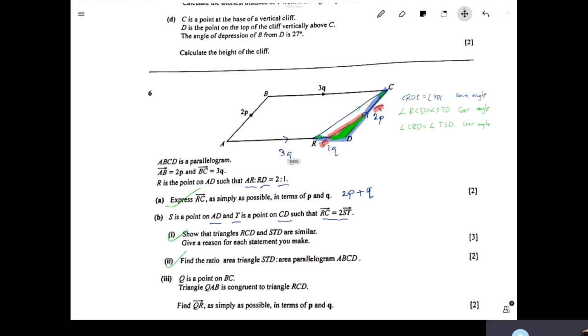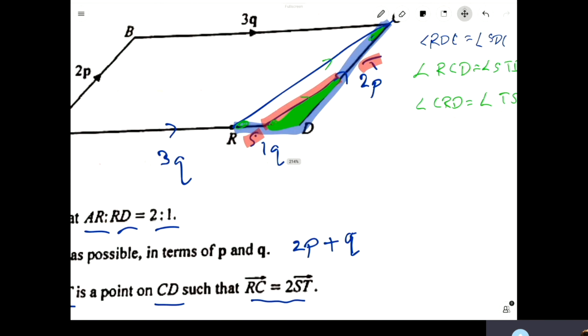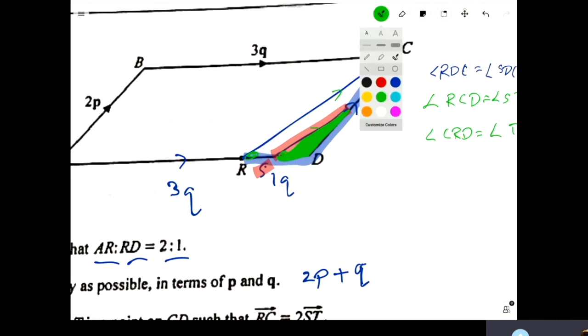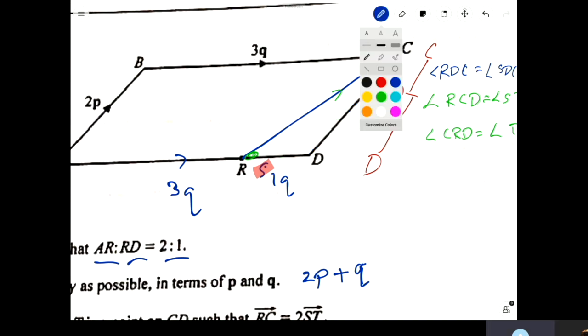T is halfway. Okay, this T, right, is halfway between C and D. Yeah. Right, it's halfway. So if you want to find the area of this triangle, I've got too many colors here.